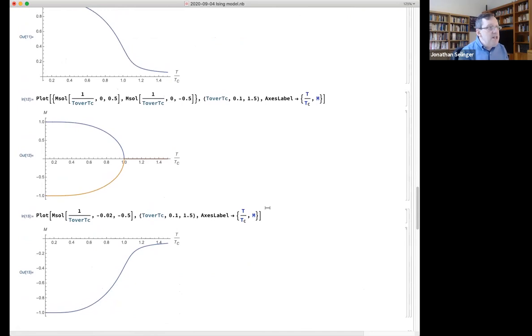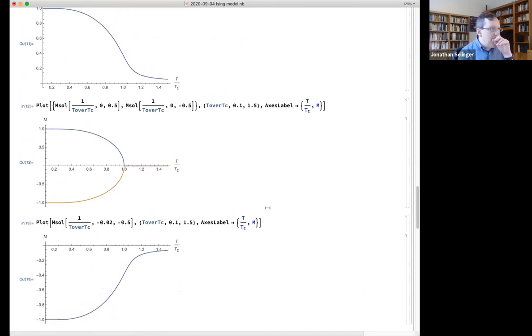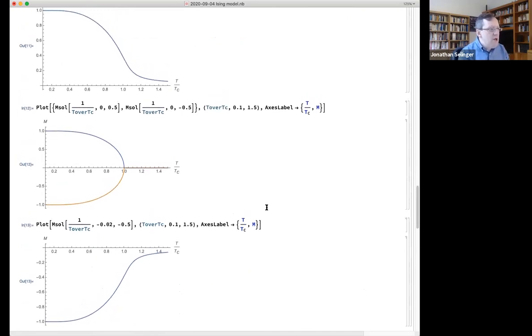First of all, these are plots that show the magnetic order parameter as a function of temperature for different values of the field. So let's look at the middle plot first, the one right here. This is what happens when the magnetic field is equal to zero.